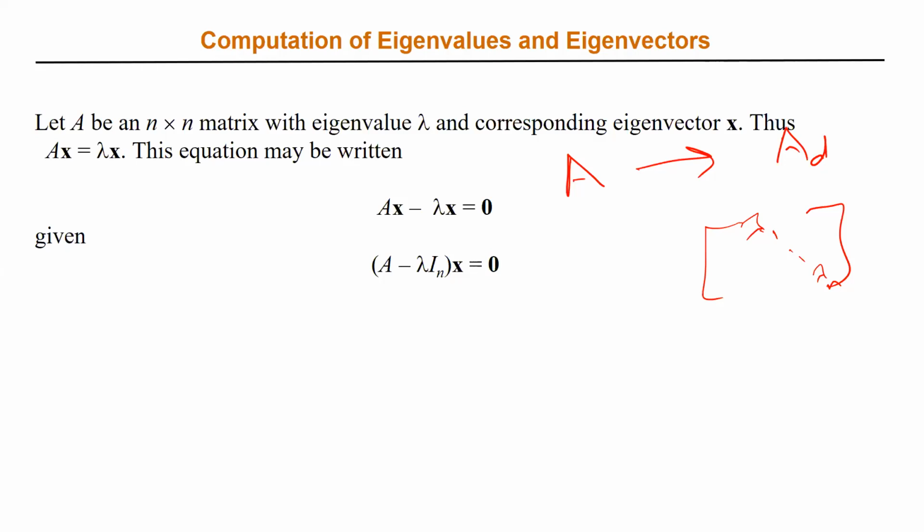Okay, now, how do I find the eigenvalues? The eigenvector is defined this way: if I have a matrix A, there will be eigenvalues associated with A, and for each eigenvalue there will be a certain eigenvector, such that AX equals lambda X. We are looking into this equation where X should be different from 0, because otherwise, if X equals 0, it is a trivial solution, and it's useless for me.